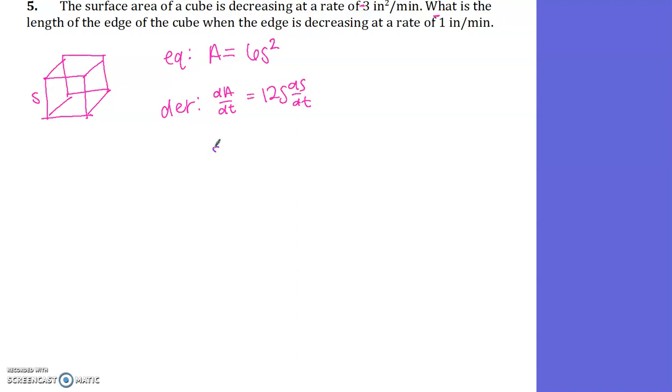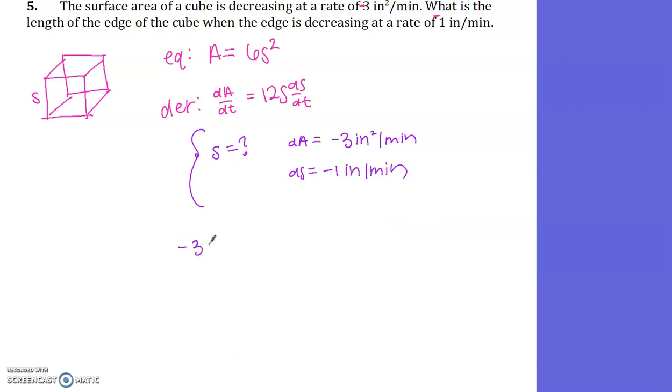So in my derivative, I've got an s, a dA/dt, and a ds/dt. They tell us the surface area is decreasing, so that'll be my dA/dt. We're looking for the length of the edge, so that's the side length, when the edge is decreasing at a rate of -1 inches per minute.